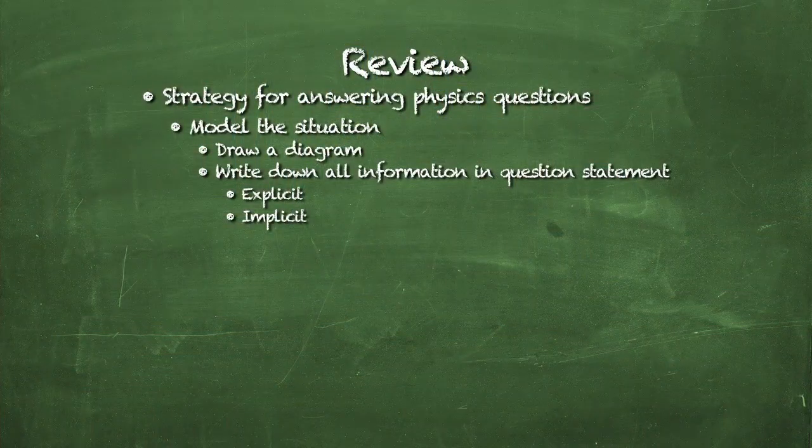Modeling the situation involves drawing a diagram, writing down all of the information in the question statement. Now, some of the information may be explicit. You may be told exactly what the information is, or some of it may be implicit.